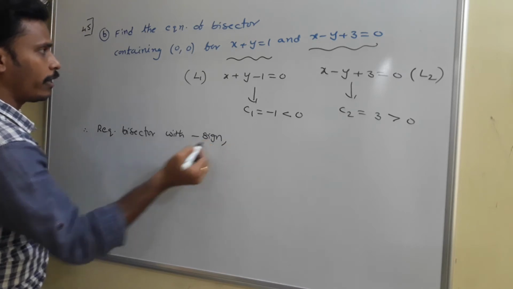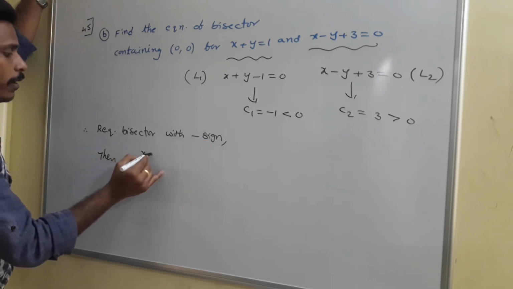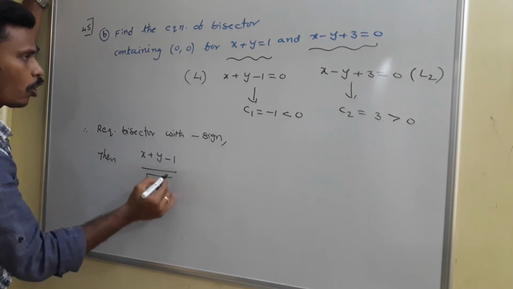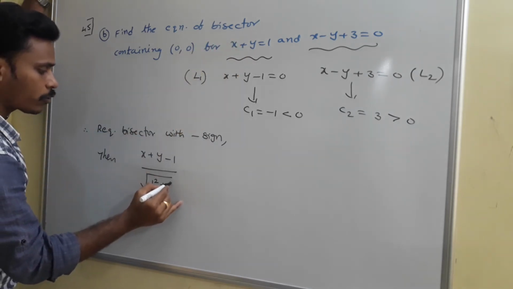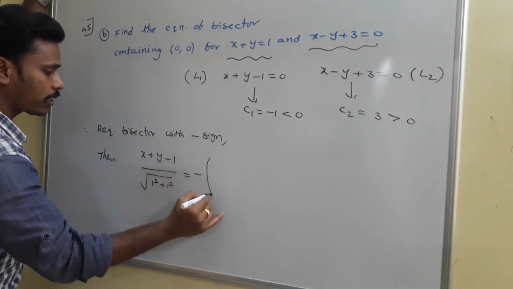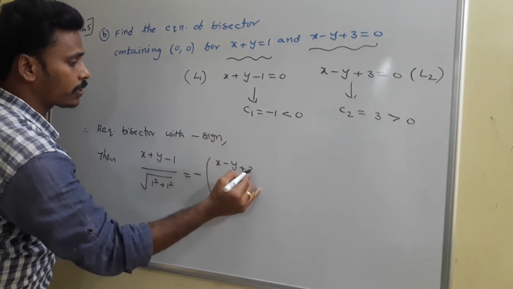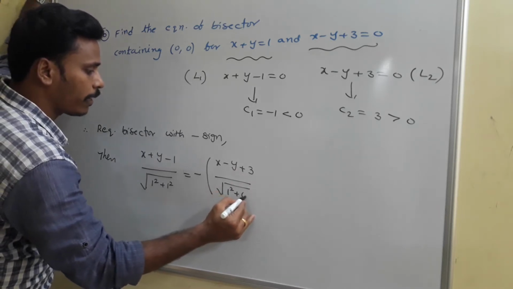That's what you need to identify. So then what will happen? (x + y - 1) divided by root of x coefficient square plus y coefficient square, that is root of 1 square plus 1 square, is equal to minus of the other equation, (x - y + 3) divided by root of 1 square plus (-1) square.